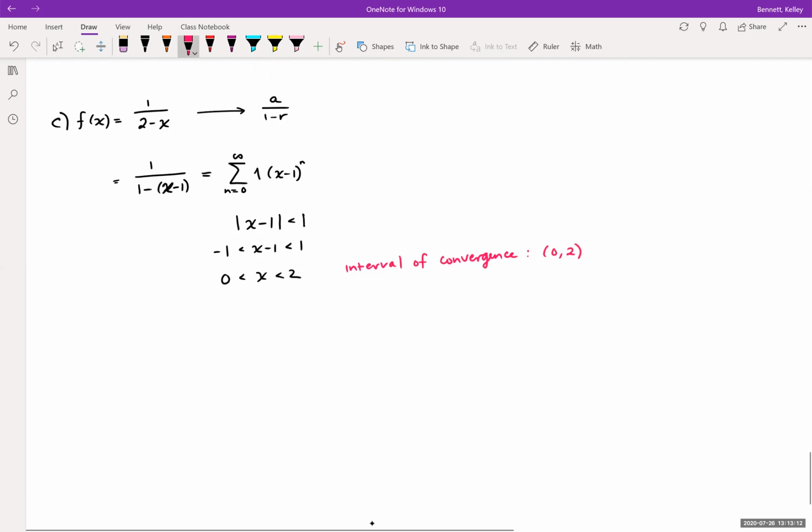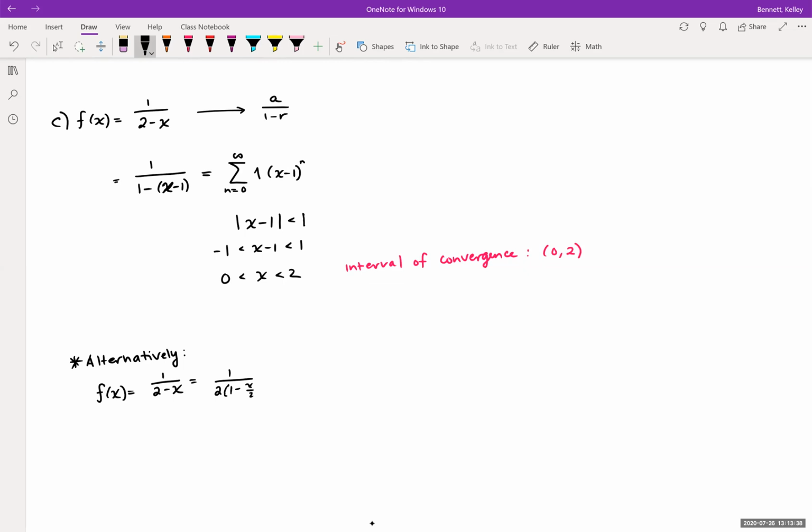So we could do it in the way that we just did in example B. So just for my own entertainment, I guess, let's just try the alternative. That's supposed to say x over 2.